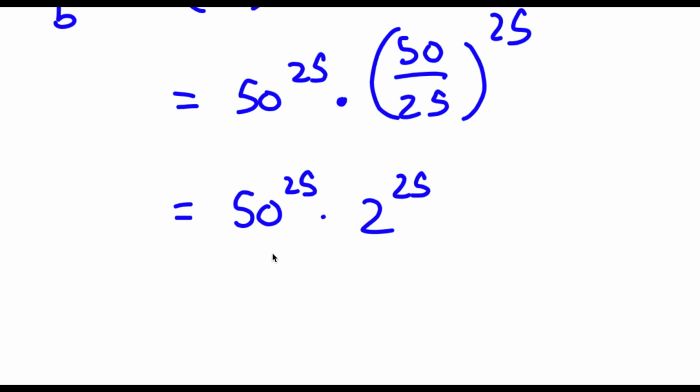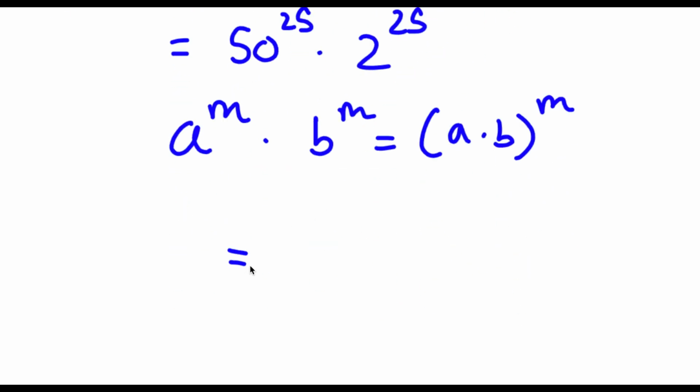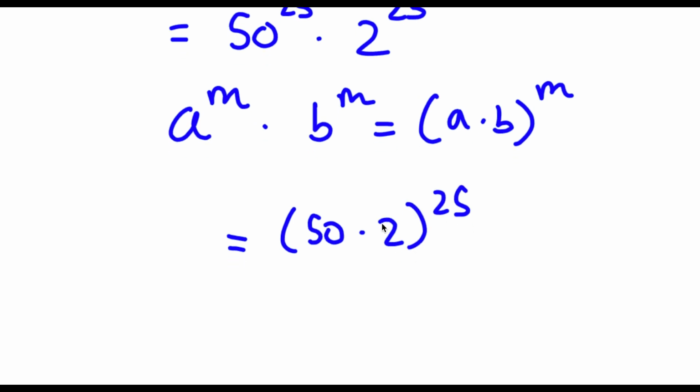So now, if I have something in the form a to the power of m times b to the power of m, this is equal to a times b to the power of m. So in this case, this is going to equal 50 times 2 to the power of 25.